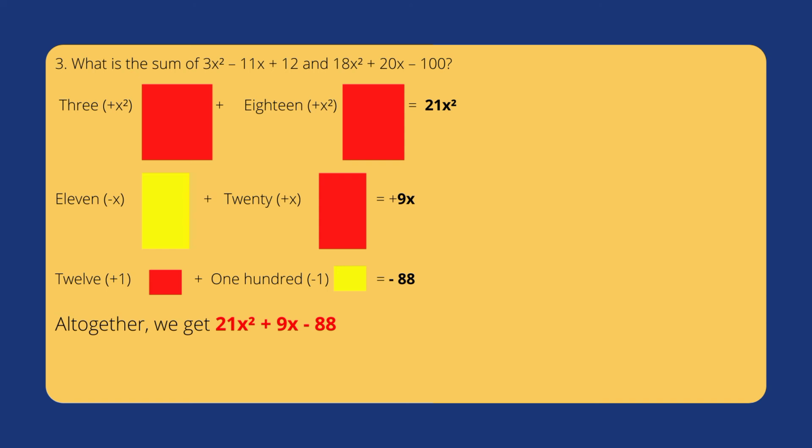In the second term, we have 11 negative x plus 20 positive x, which is equal to positive 9x. In the third term, we have 12 positive 1 plus 100 negative 1. We get negative 88. Altogether, we get positive 21x squared plus 9x minus 88.